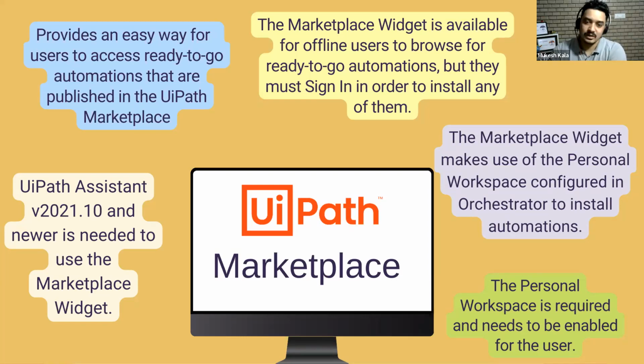So for 2021.10, if you are on a version which is older than this, this is mostly for the people who are joining from enterprises, companies, or experienced developers, if your UiPath Assistant is older than this version, you will not see the marketplace component. So this is the first prerequisite for you to run the marketplace.